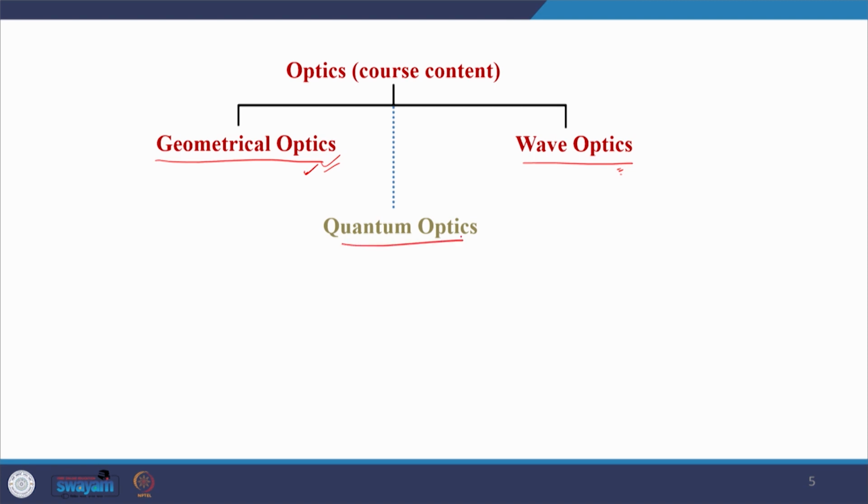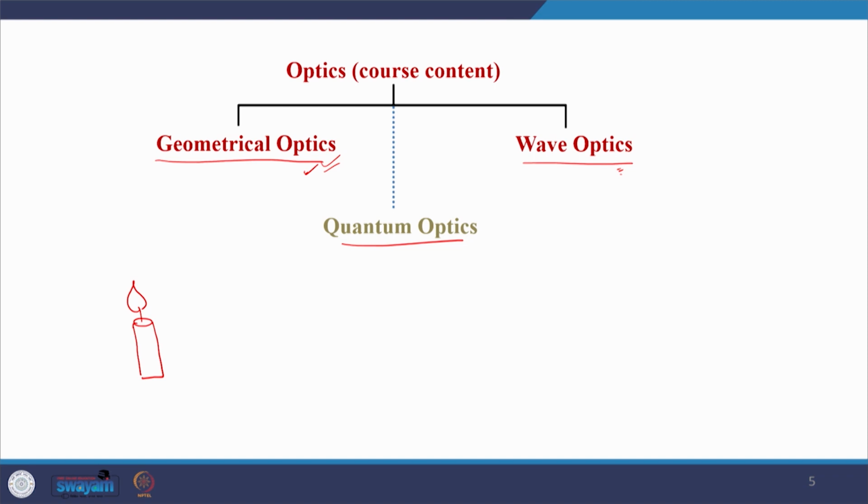In quantum optics, we quantize the light. To understand the differences, let us suppose that we have a candle. If you want to understand the emission of light through this candle, then there are several ways.